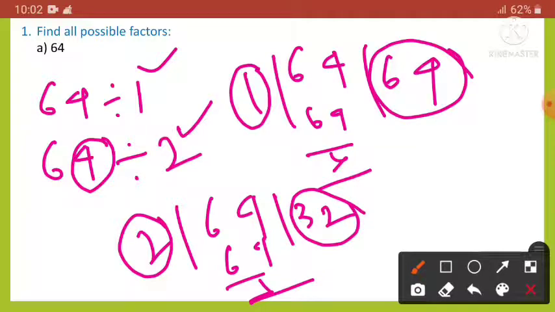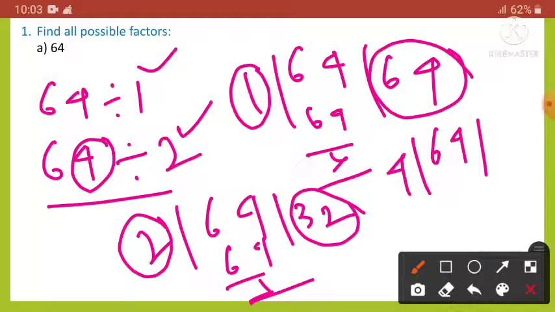Again if we divide 64 by 3, then we will have a remainder, so we can say that 3 is not a factor of 64. Again if we divide 64 by 4, then we will have the remainder 0 and we get 16.